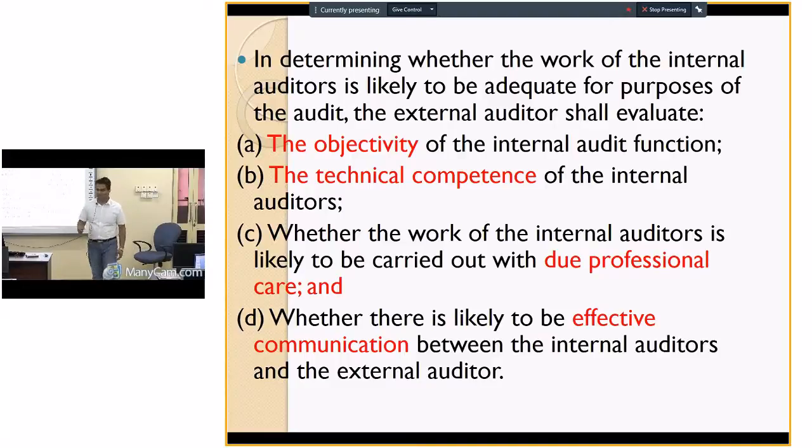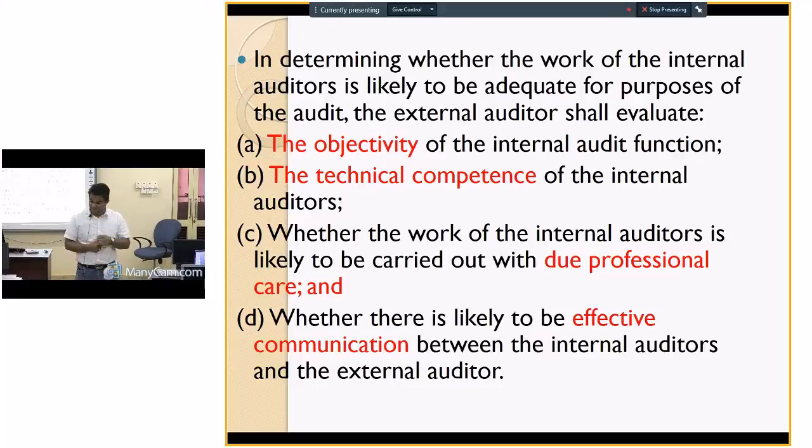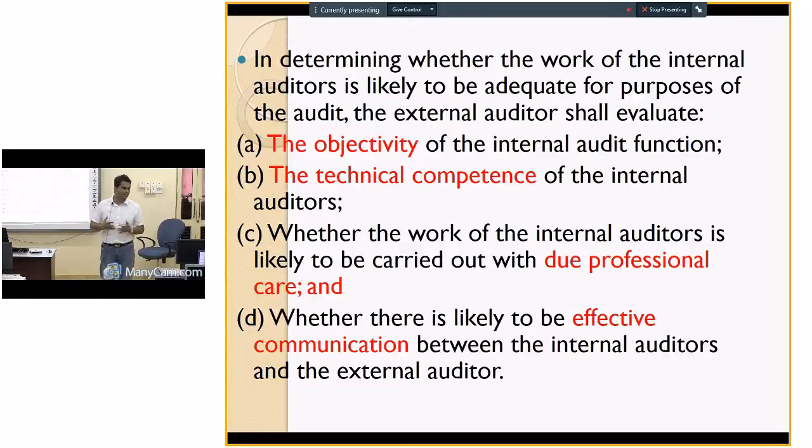Practically there is a concern or issue. There is no proper or good communication between internal auditors and external auditors in most cases, because internal auditors are reluctant to communicate with the external auditors. That practical issue is there.